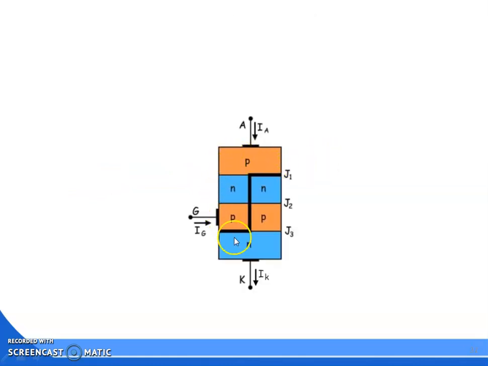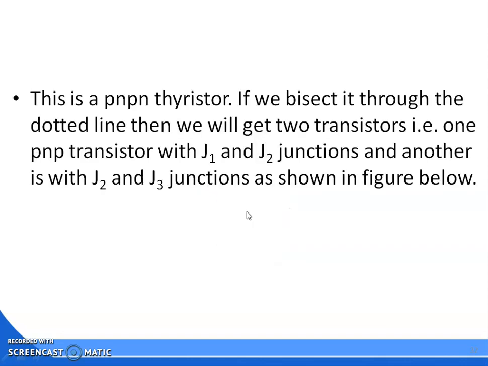See that this one is the ordinary structural representation of the SCR, where the anode, cathode and gate terminals are marked here. Junctions J1, J2, J3 are marked here, the upper P layer is marked here, the outer N layer is marked here, and the inner N layer and inner P layer are divided into 2 equal halves.